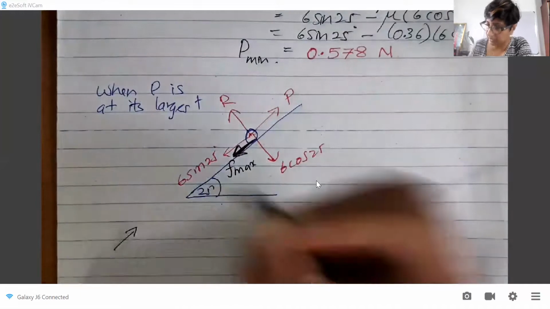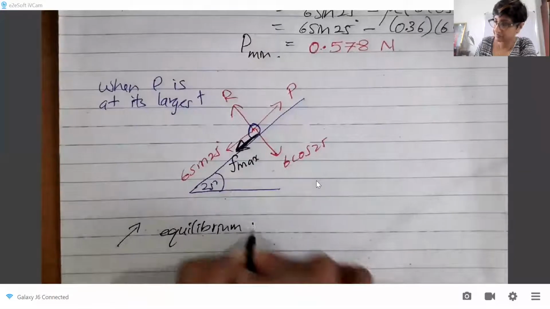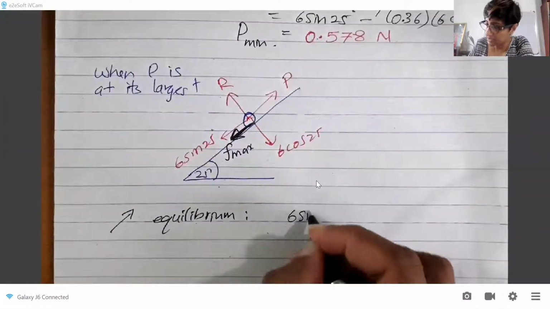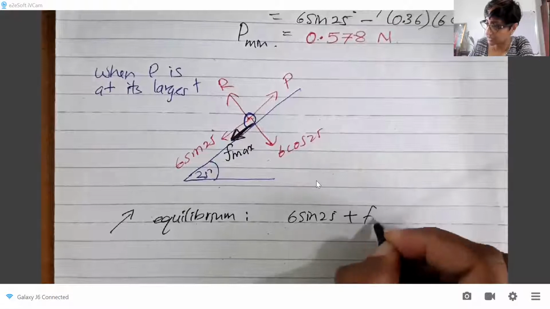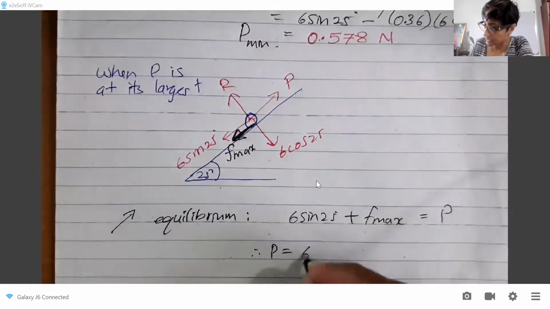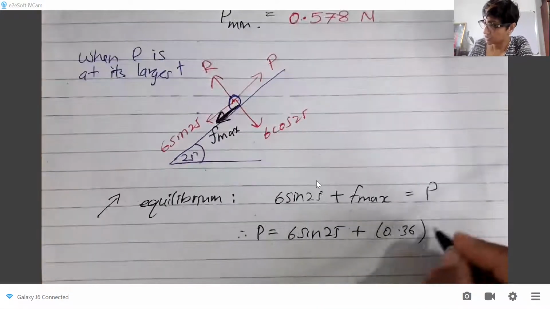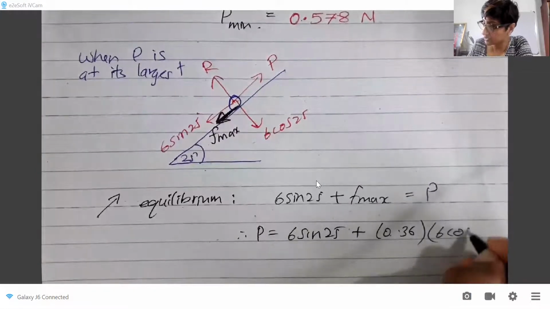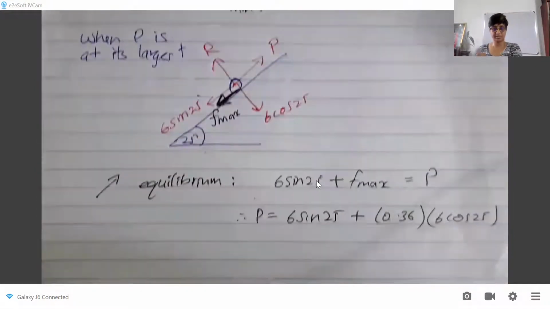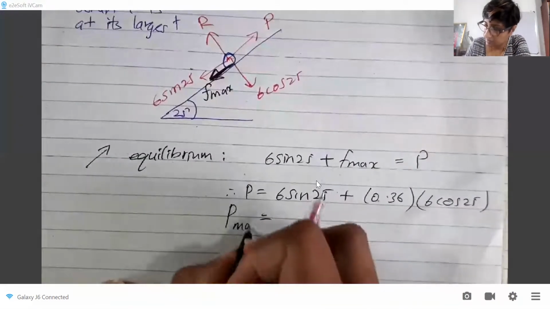Now horizontal equilibrium, we have 6 sine 25 plus F max is equal to P. Therefore, P is equal to 6 sine 25 plus mu R, where R is 6 cos 25. How much is that? So that's going to be your P max.